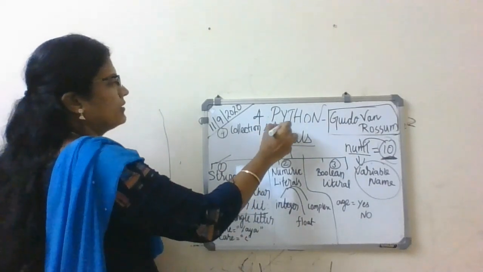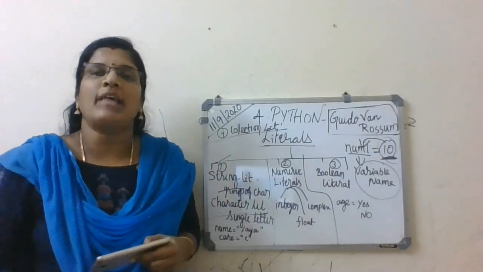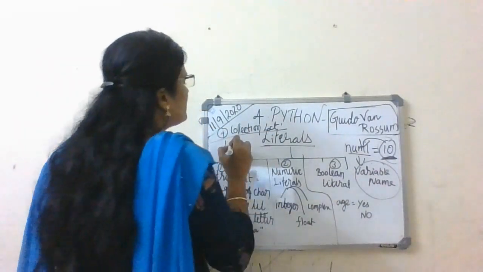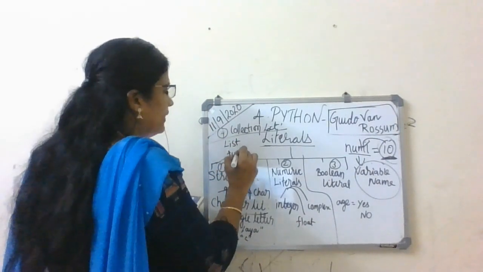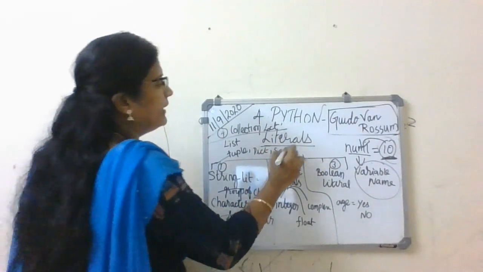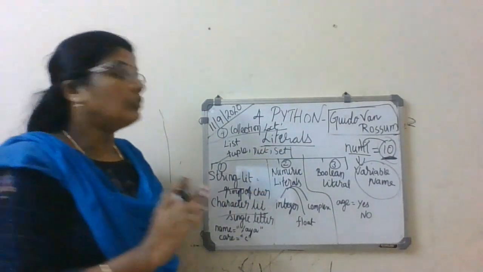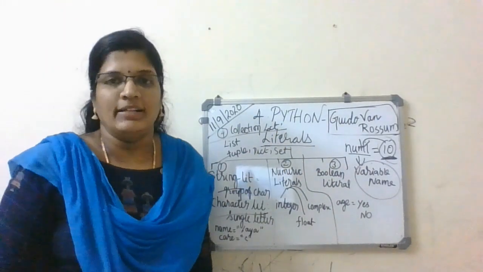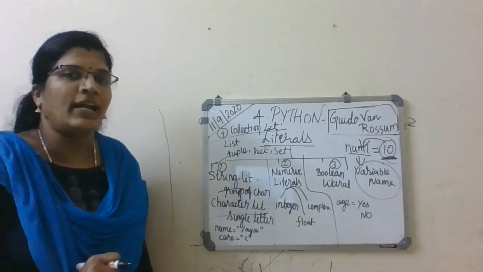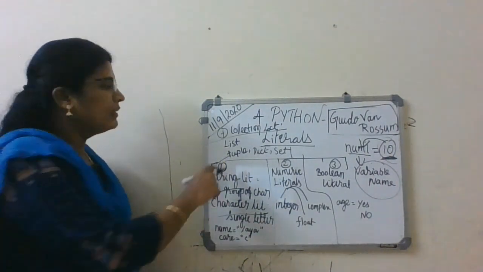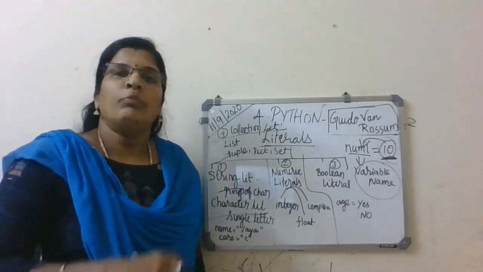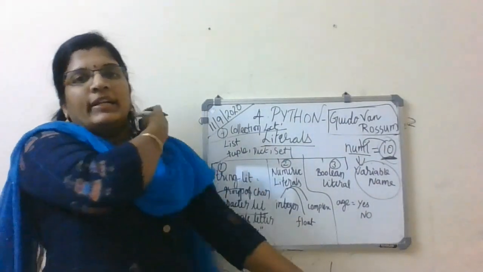This collection literal has four types: list literal, tuple literal, dict literal, and set literal. The fourth type is called collection literals, which has four collections. We are not going to discuss these collection literals now.